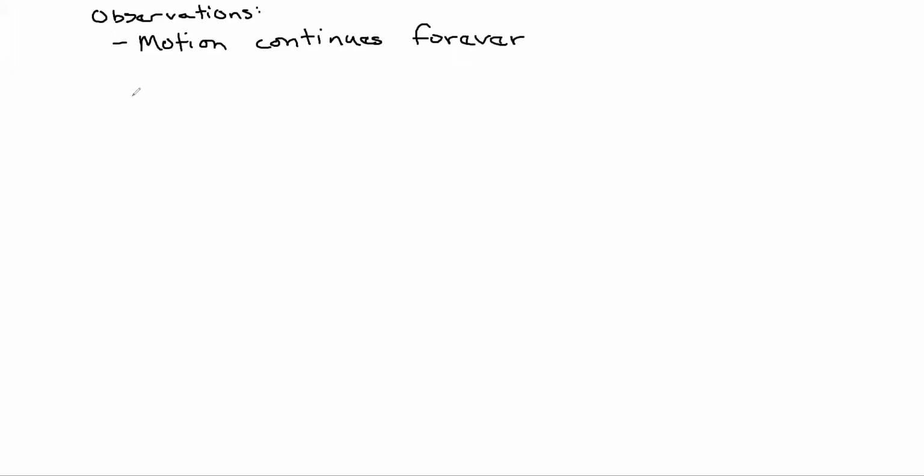All right, so that's one observation we can make, is that the motion continues forever. So no damping gets you eternal motion.